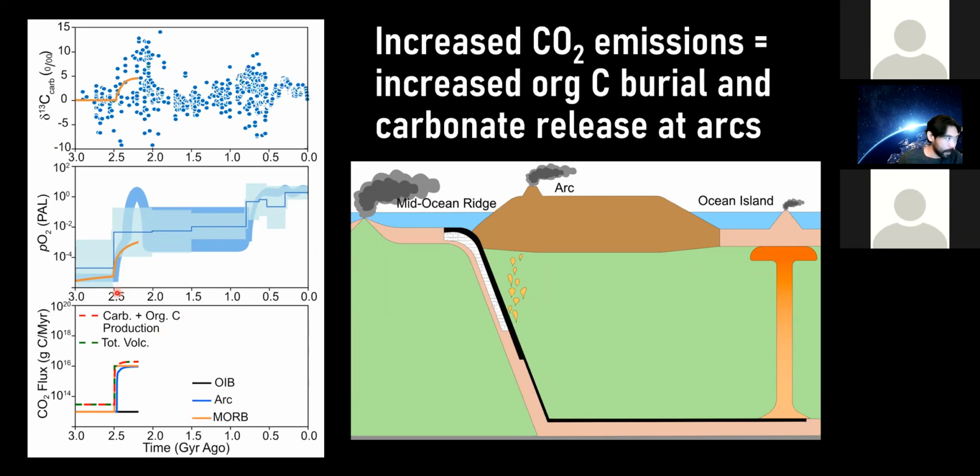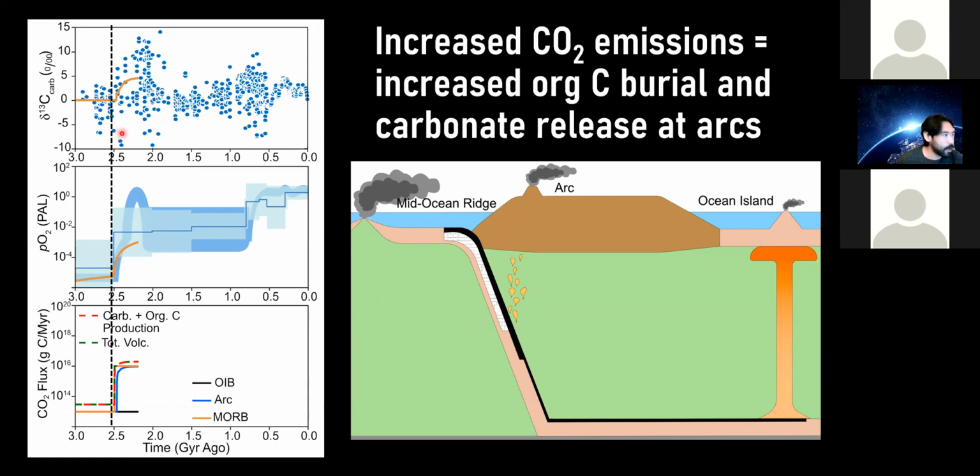Due to that increased CO2 in the atmosphere, our carbonate and organic carbon flux increases, so we're depositing more carbon on the seafloor. Shortly after, the arc flux responds to this increased subduction flux of carbonates, as we can see in the blue curve. Just due to this increased organic carbon, we have a rise in oxygen in this curve. And due to the emission of more carbonate-derived CO2 at these arcs, we get this increase in the delta 13C of marine carbonates.